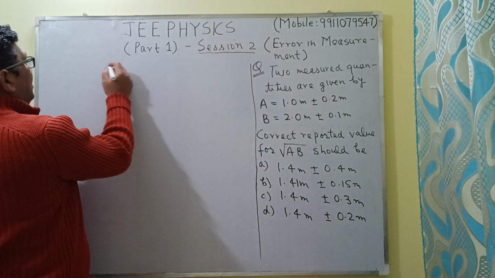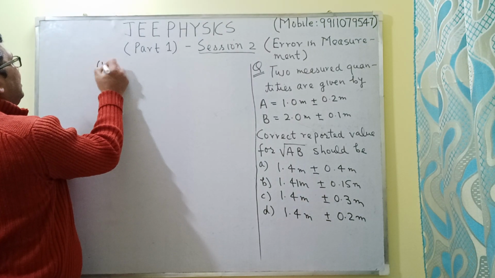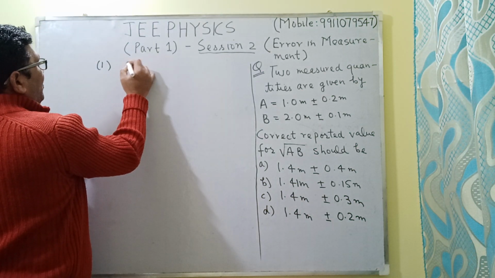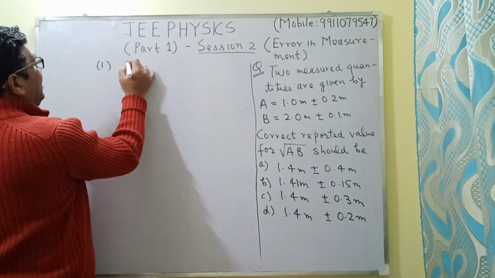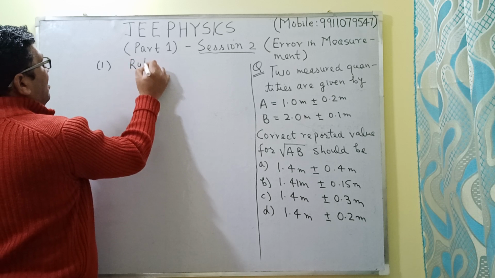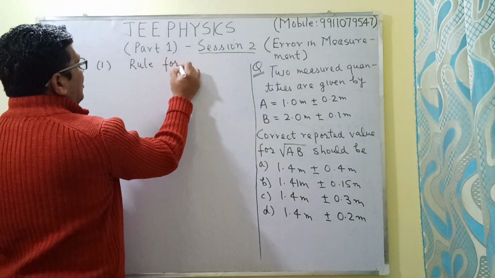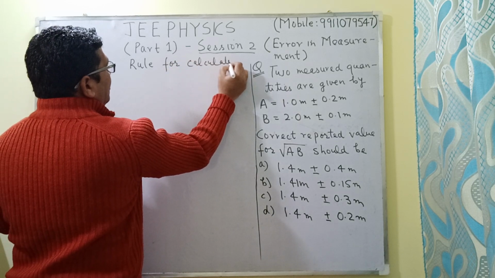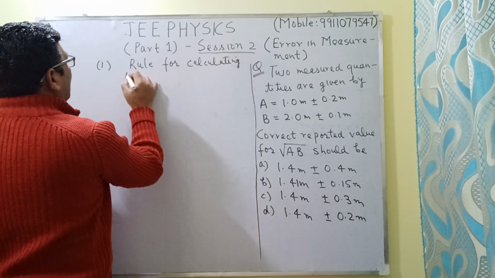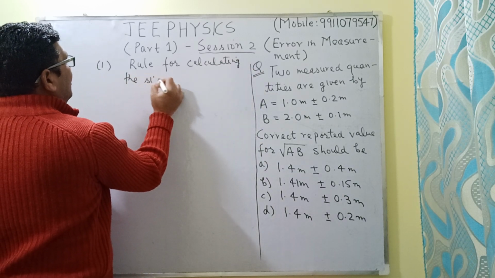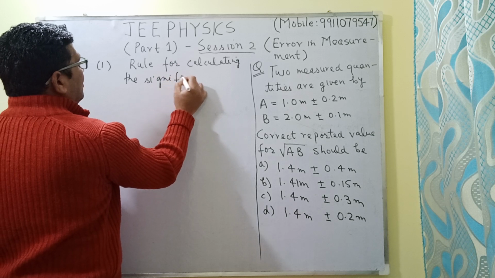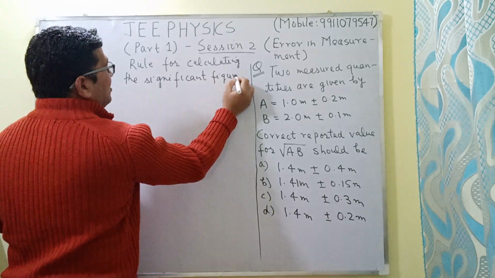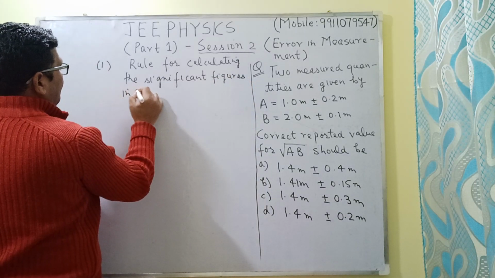In order to solve this question, we will be utilizing two concepts, or you can say rules. The first rule is the rule for calculating the significant figures or digits in the final answer.